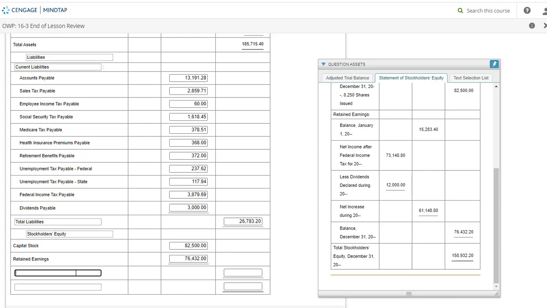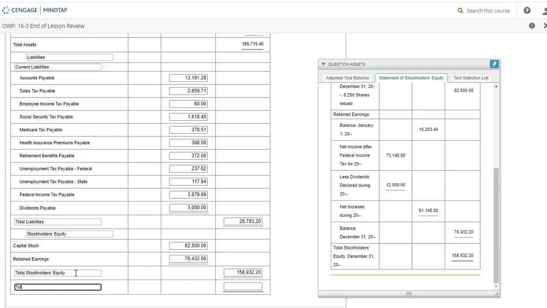Which gets us to our total stockholders' equity. It's going to match up to what we had on that statement of stockholders' equity, which is 158,932 and 20 cents.